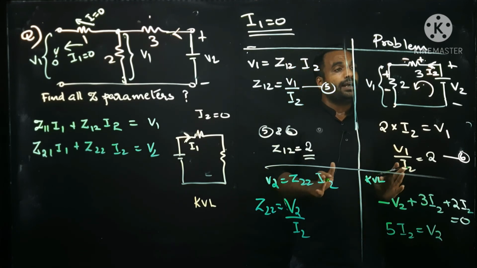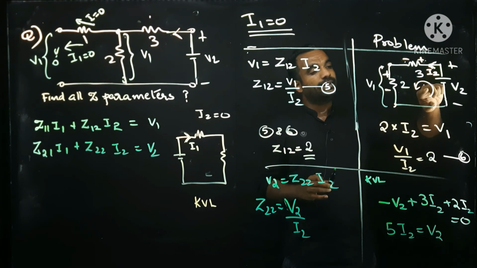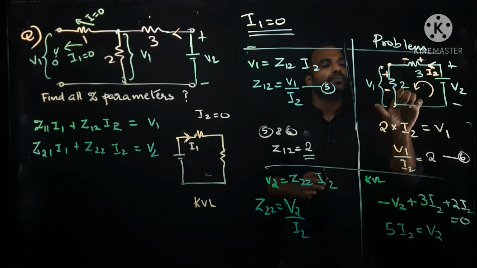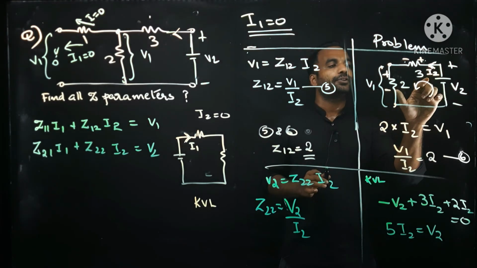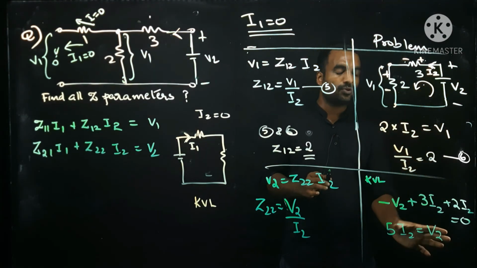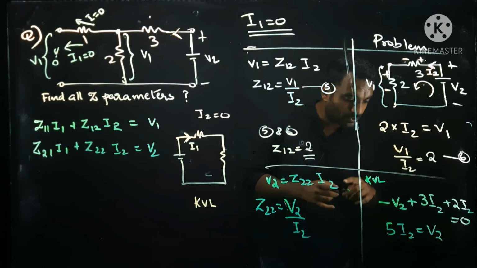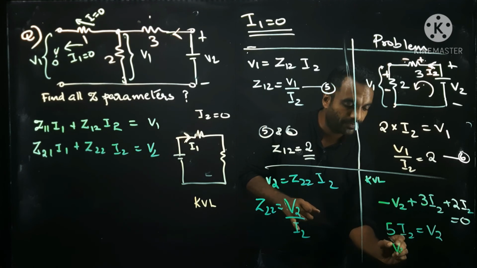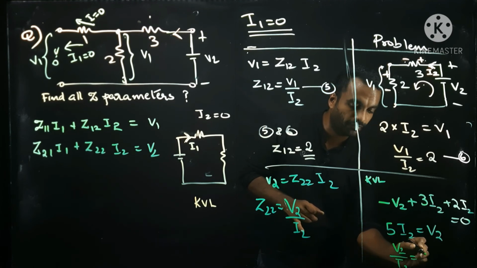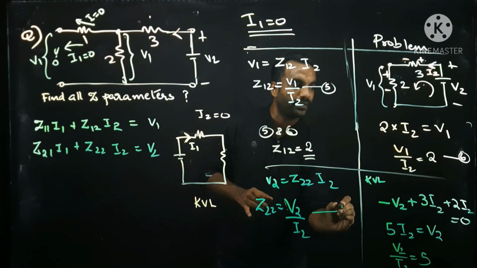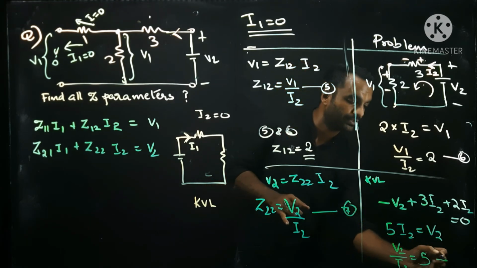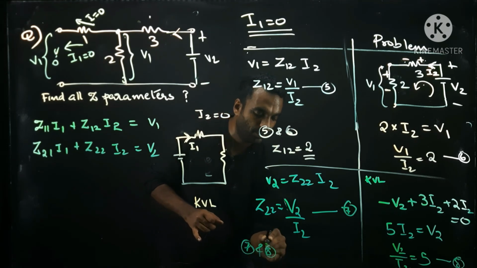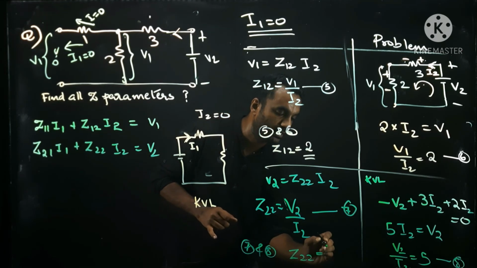If you are writing KVL in the opposite direction, then you will get minus 2I2 minus 3I2 plus V2 is equal to 0. Then also you will get the same result: 5I2 is equal to V2. So that V2 by I2 is equal to 5. This is equation number 7 and this is equation number 8. By comparing 7 and 8, you will get the answer Z22 is equal to 5.